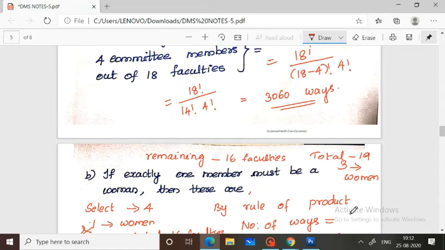So out of the 3 we select 1, and out of the 16 we select 1.